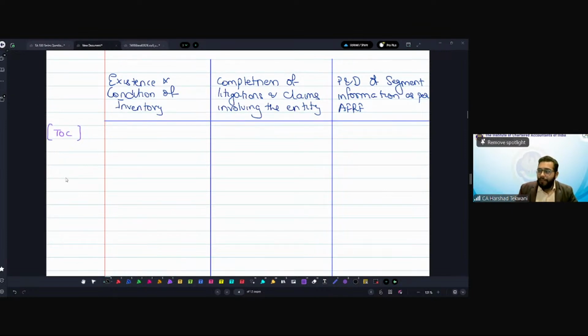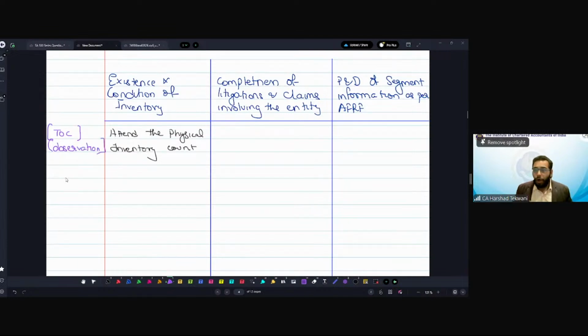First, attend the physical inventory count. Why? Because this is similar to observation.